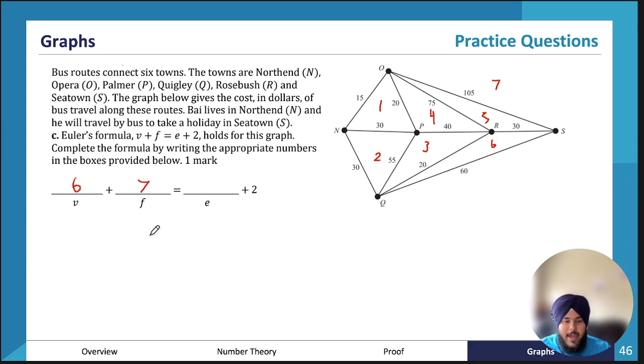What about the number of edges? There is 1, 2, 3, 4, 5, 6, 7, 8, 9, 10, 11. 11 edges. So that all makes sense. That cancels out. So we know that we've done everything correctly.